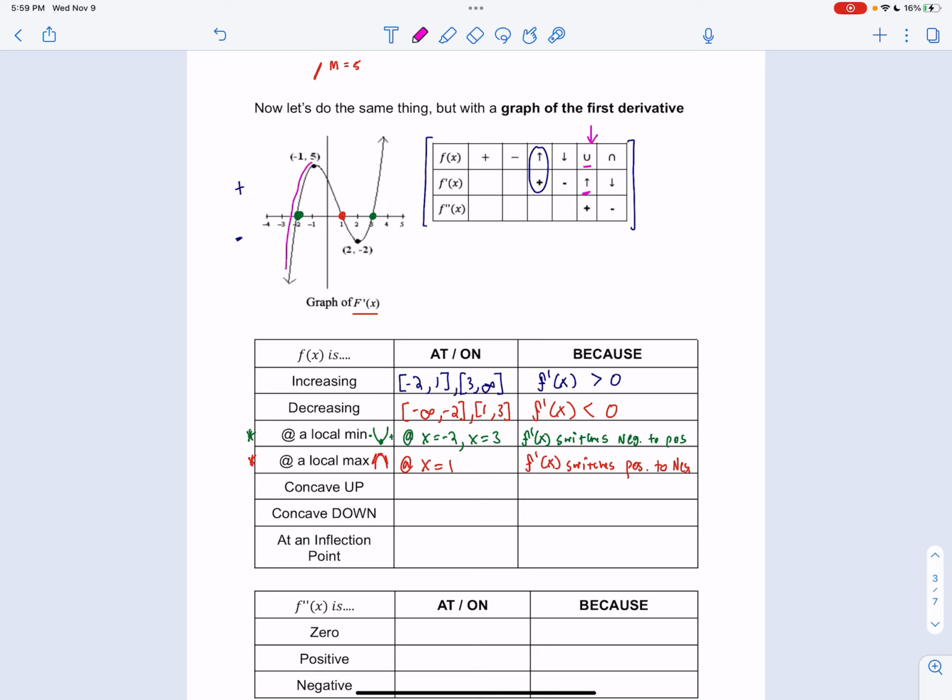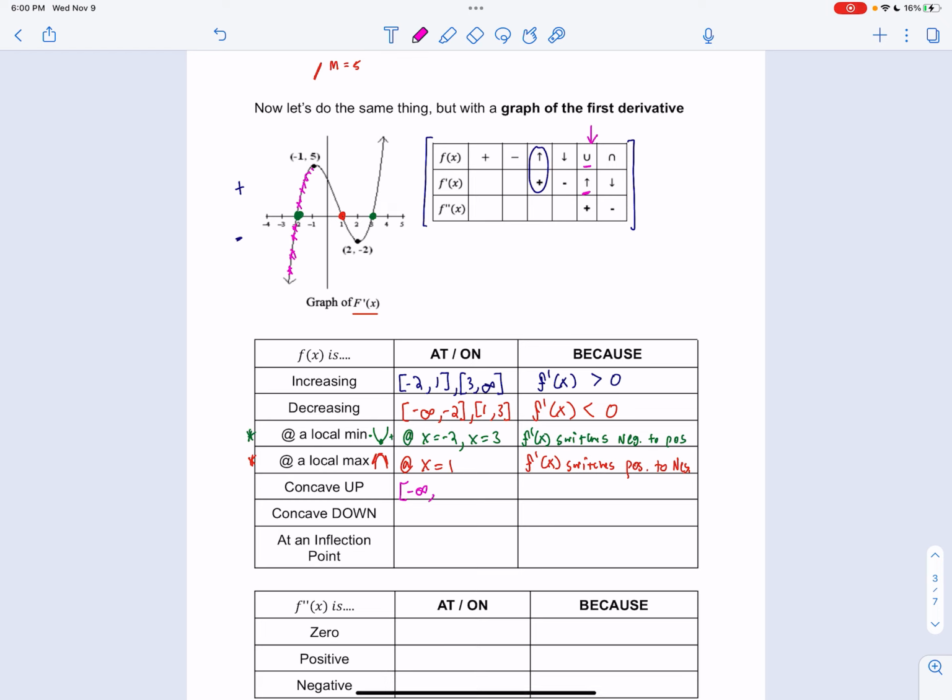And if you make your hand motions a negatively sloped tangent line, and then a little bit closer to flat, and then closer to flat, what you'd find is you're making this shape with your hand. You're making the shape that looks like the left-hand side of the cup. And so those are going to be the areas where the original function is concave up. And so that's going to happen, not at, but on the intervals where f prime is increasing.